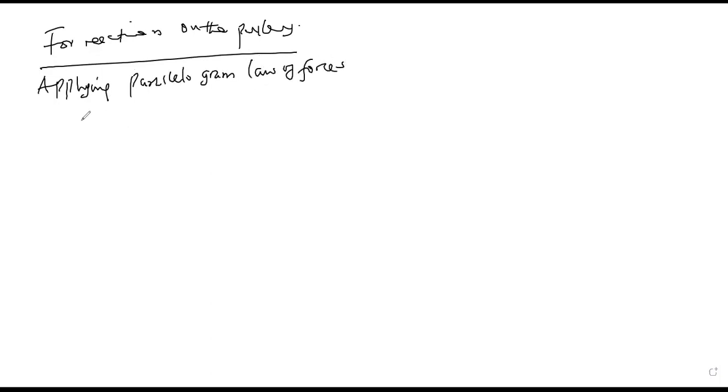Basically, I'm going to draw something simpler for us. This one being 90, this one being alpha, would imply that this one is the same as 90 minus alpha.